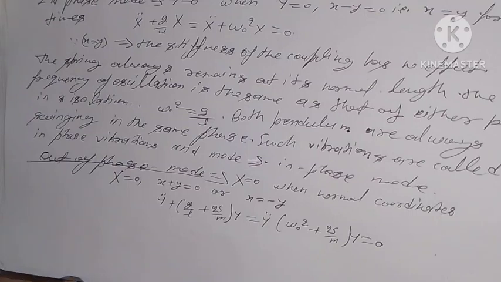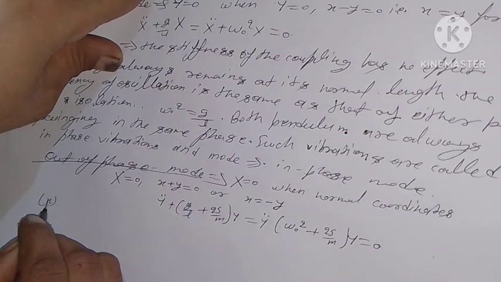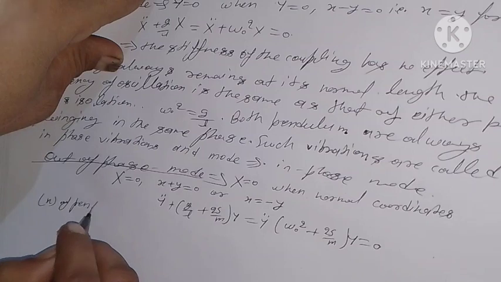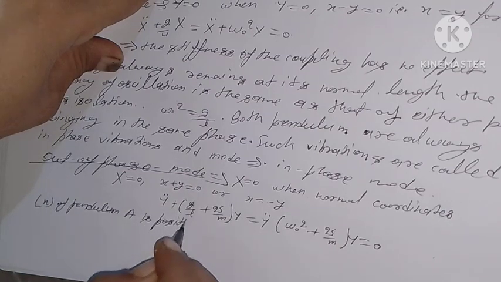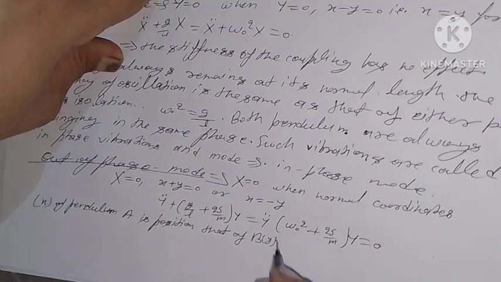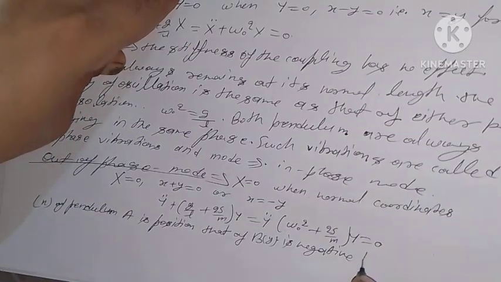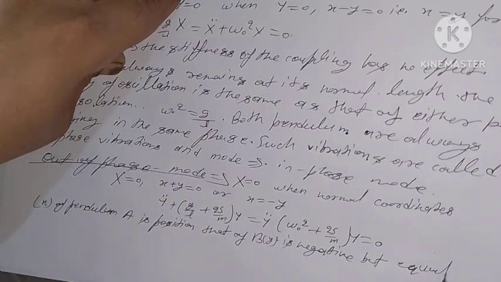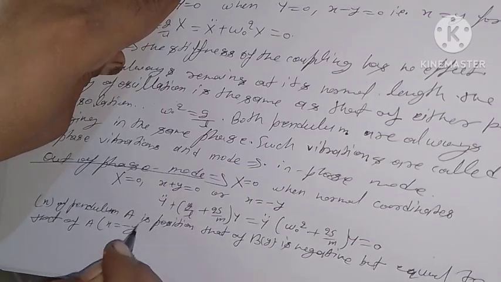When the displacement x of the pendulum A is positive, that of B, y, is negative but equal to that of A, x equals minus y.